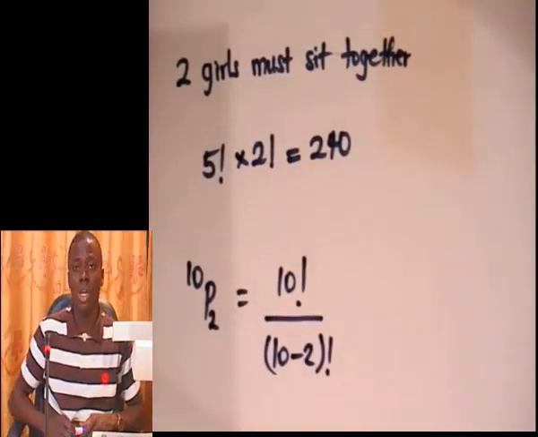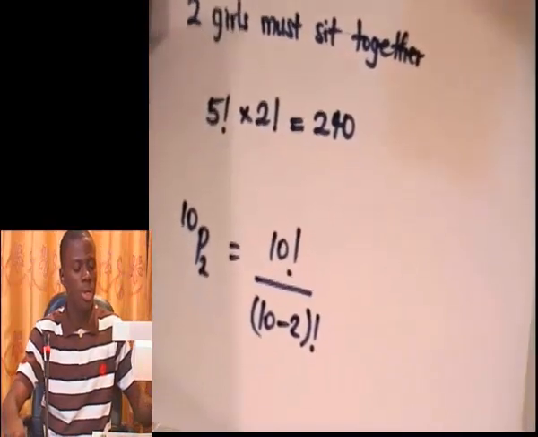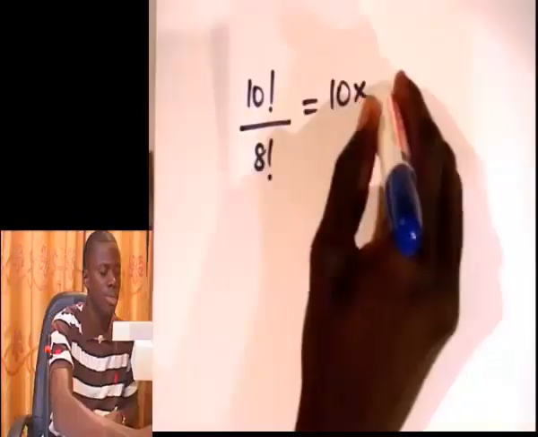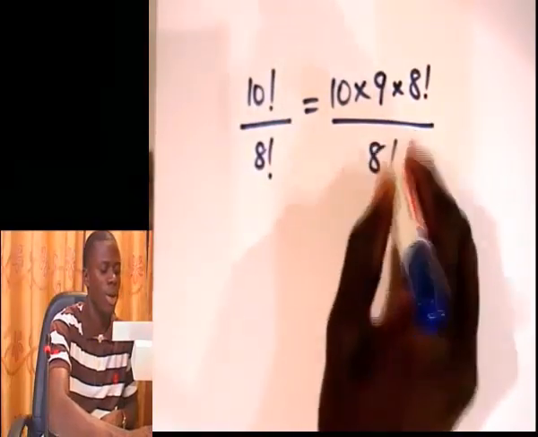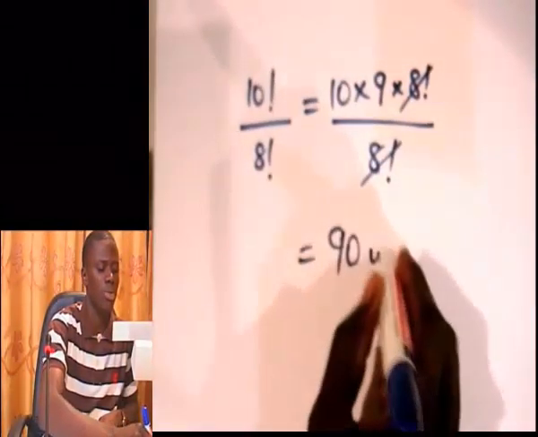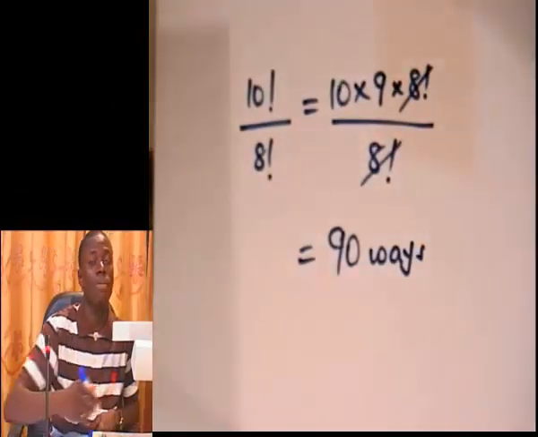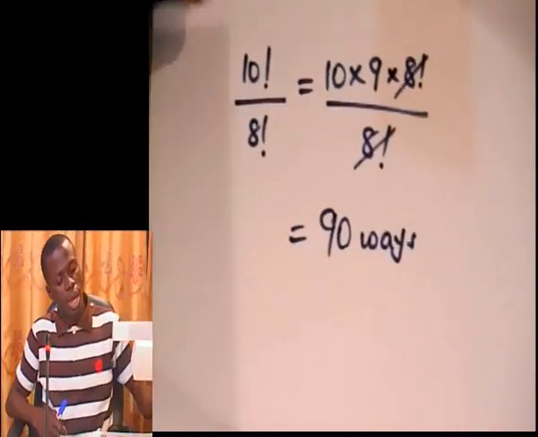That is 10 times 9 times 8 factorial all over 8 factorial. So this cancels out, and 10 times 9 gives us 90 ways. So if you want to arrange 10 objects taking 2 at a time, we're going to arrange them in 90 different ways. So this is permutation for you.